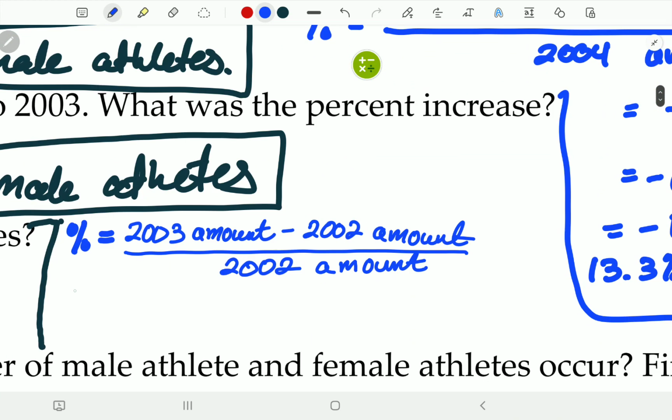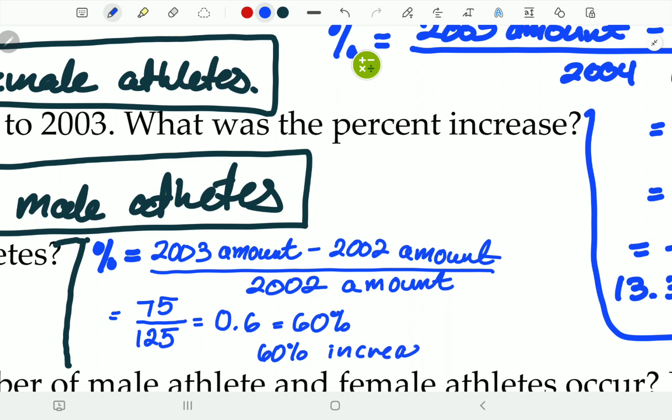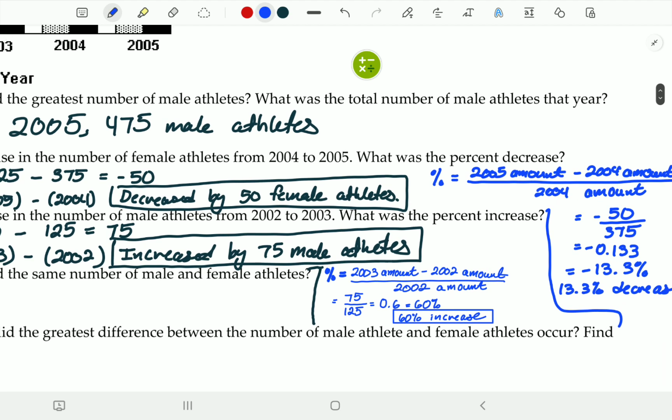So that's going to be 75 divided by our 2002 amount, which is 125. And this is going to equal 0.6, which is 60%. A 60% increase. And that is the answer to 10C. Sorry if it's kind of smaller than the other ones. I just needed the more room.